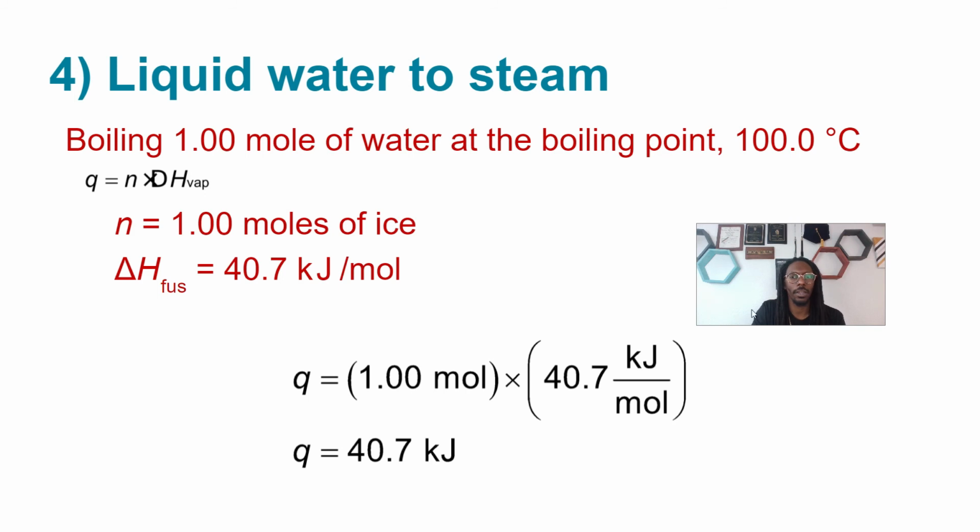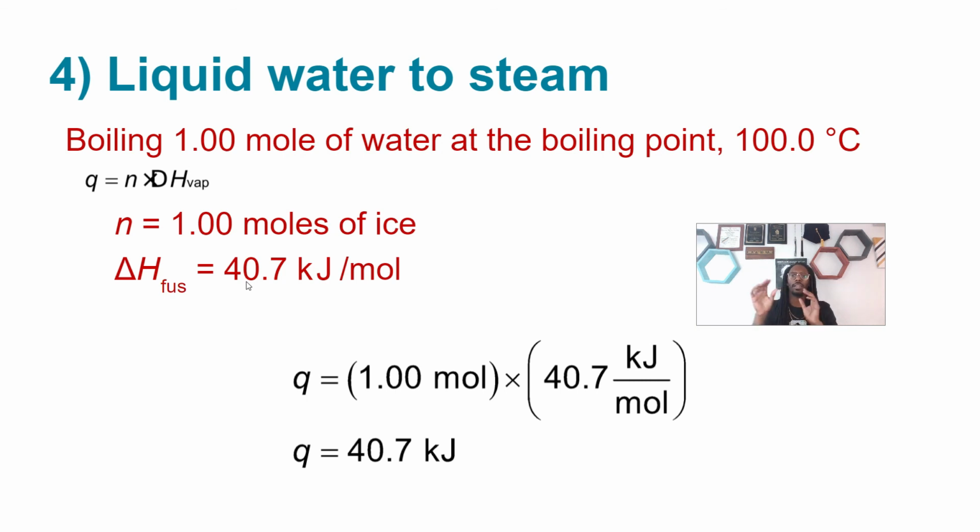Keep it going. Fourth step, now we're going to points again. So with points, notice we're going to use a different equation, n times whatever the process is. So we got our 1 mole of water at the boiling point, so that 1 mole is still the same. But now we got our enthalpy, in this case, that liquid water to steam.